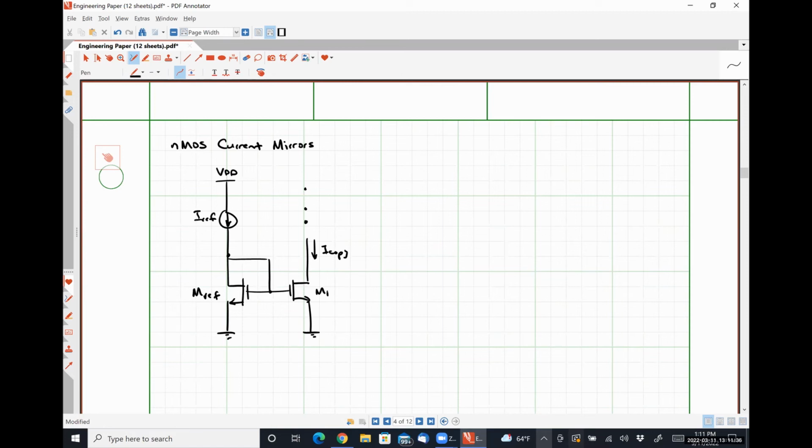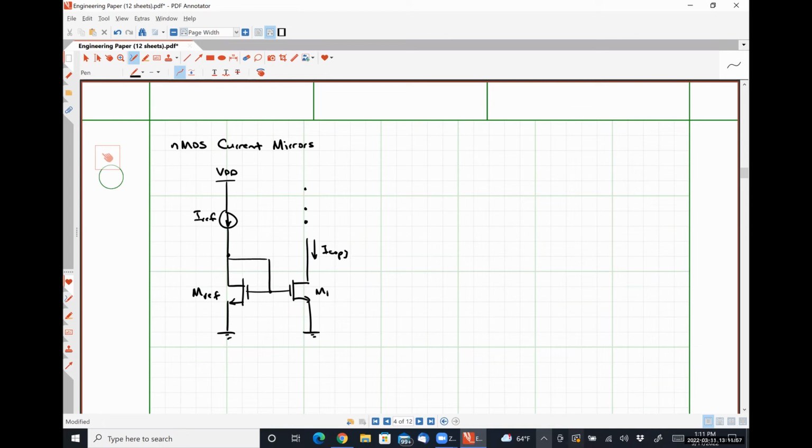Since transistor MREF is carrying a current of IREF, there must be a voltage VGS across this transistor's terminals, right? That's a fixed value depending on what IREF is.